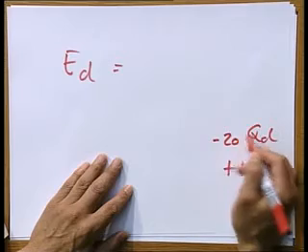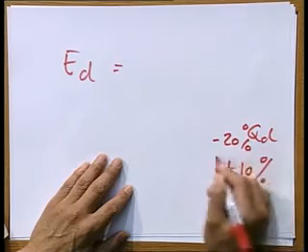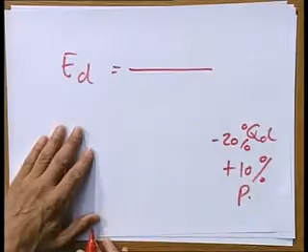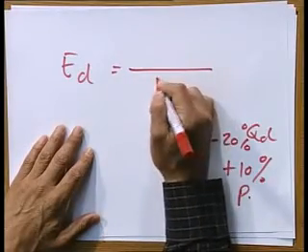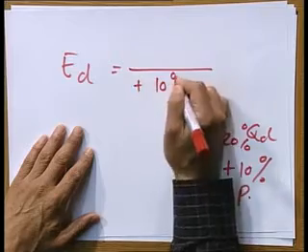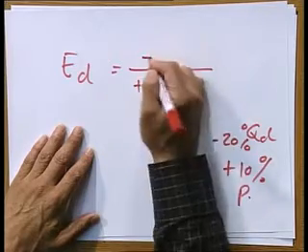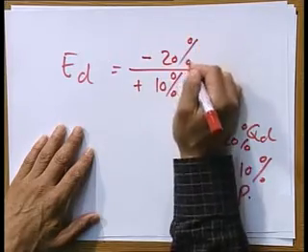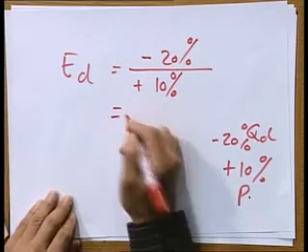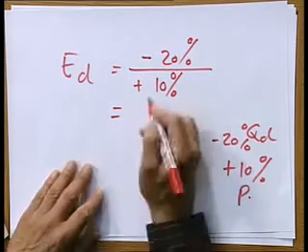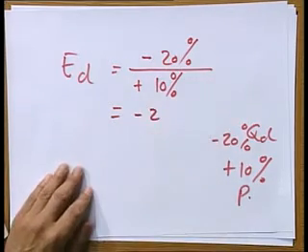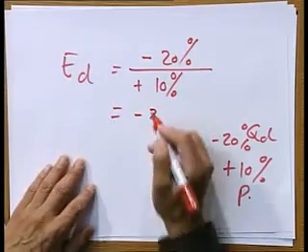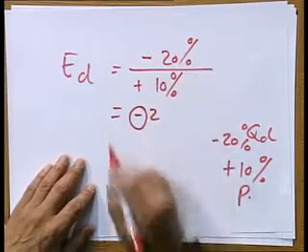Say, for example, the quantity demanded decreased by 20%. So if you apply the general formula, the percentage change in the price is plus 10%, and that leads to a 20% decline in the quantity demanded. If you simplify that fraction, you get -2. But as economists, we ignore the minus sign. We are only interested in the absolute value of this figure.